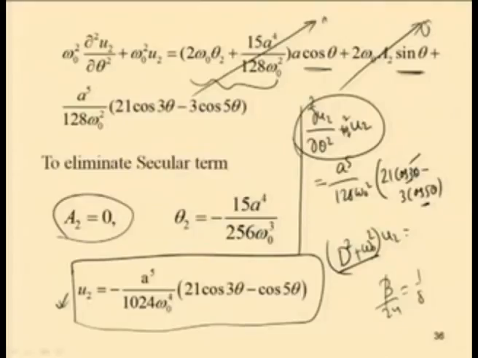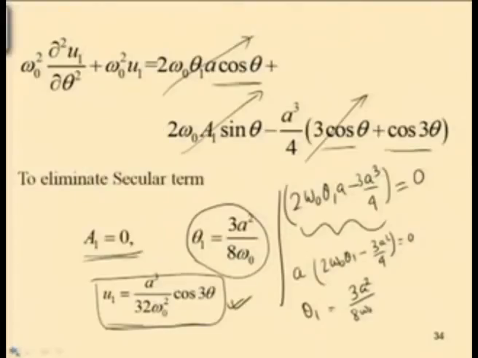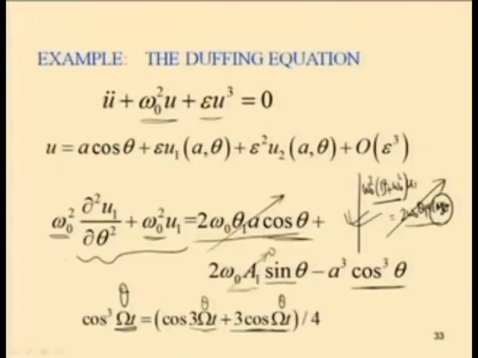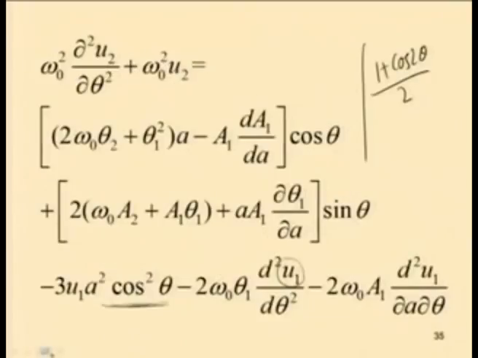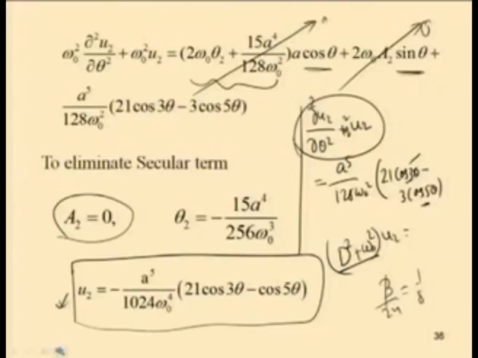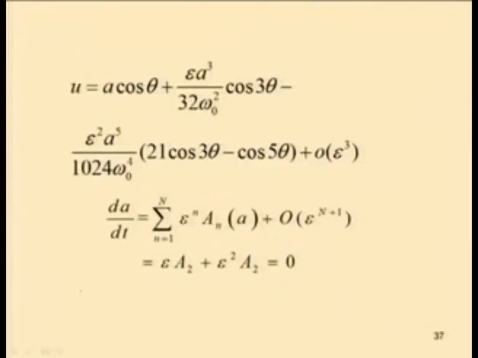After obtaining all these, one can now revert back to the original equation, that is u equals a cos theta plus epsilon u 1 plus epsilon square u 2. We already know the expressions for u 1 and u 2. So, by substituting these expressions, we can write u equals a cos theta plus epsilon.